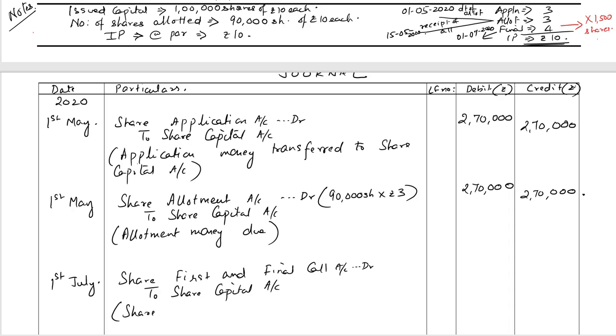Share first call money due. The amount due, 90,000 shares multiplied by rupees 4 per share, 3,60,000 rupees.